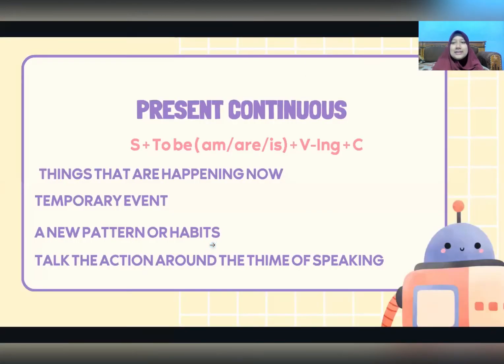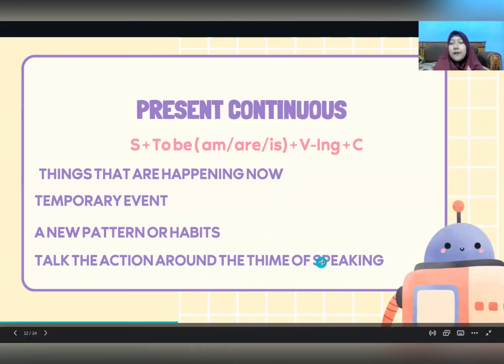The next tense is present continuous. The present continuous tense is used to express things that are happening now, a temporary event, a new pattern or habit, or an activity around the time of speaking.